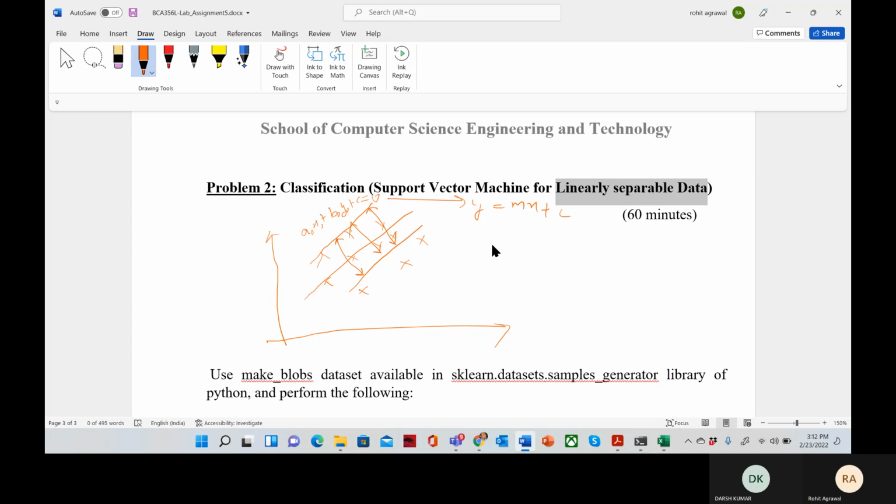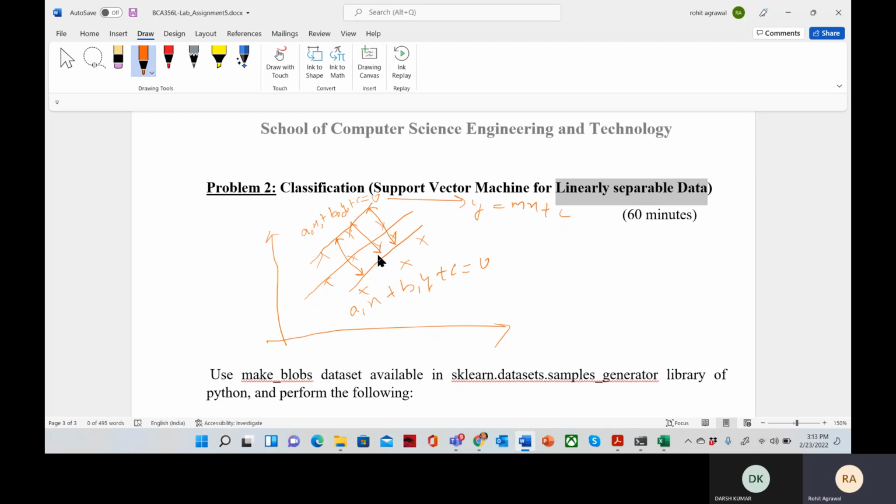Am I audible? Yes, sir. See, y = mx + c is an equation of a line. I am just writing it in this form, ax + by + c. एक दूसरी line है. In this line, instead of a0, you are having a1, plus c equals 0. ठीक है? And our goal is to find the distance between these two lines.